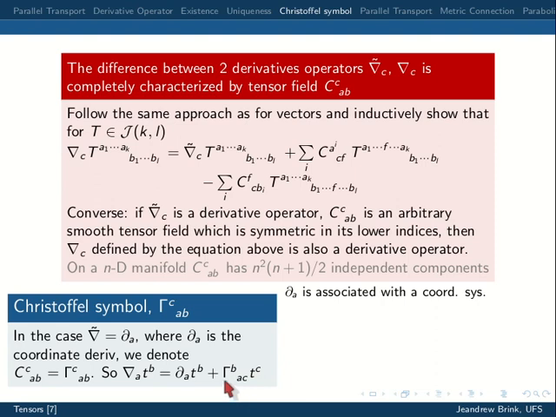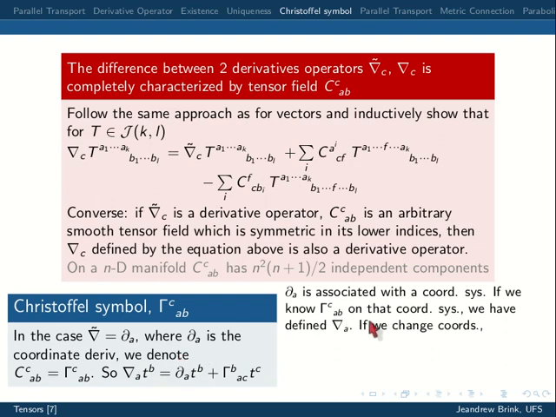And the thing is that this d, as I said in the past, is associated with your coordinate system because it's just taking derivatives with respect to the coordinates. And if we know what these gammas are for that coordinate system, then we've basically defined our general derivative operator.